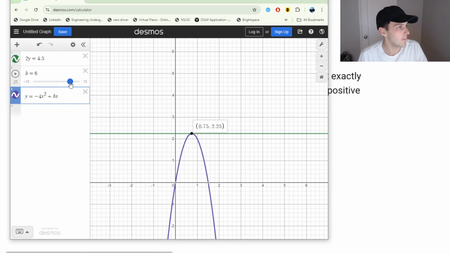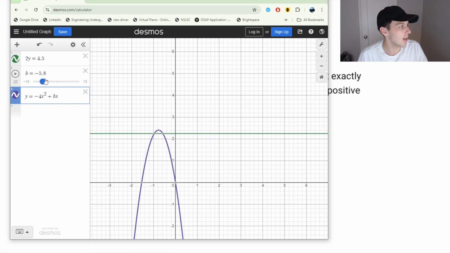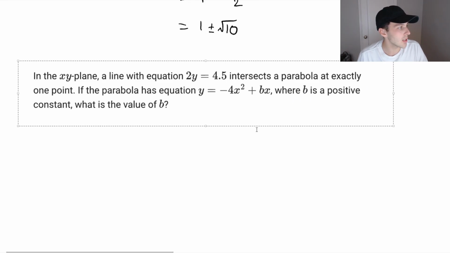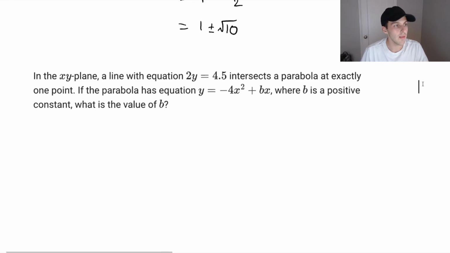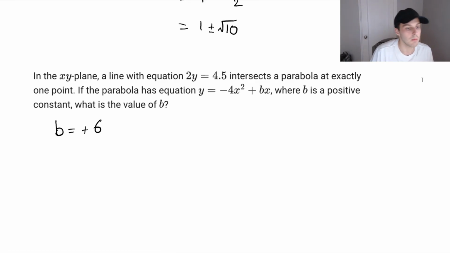And then you'll notice that if we move it to this side, we also get minus 6. But the question tells us b is a positive constant. So if you have access to Desmos, it's pretty clear that b is going to be equal to positive 6 when it intersects at just 1 point.